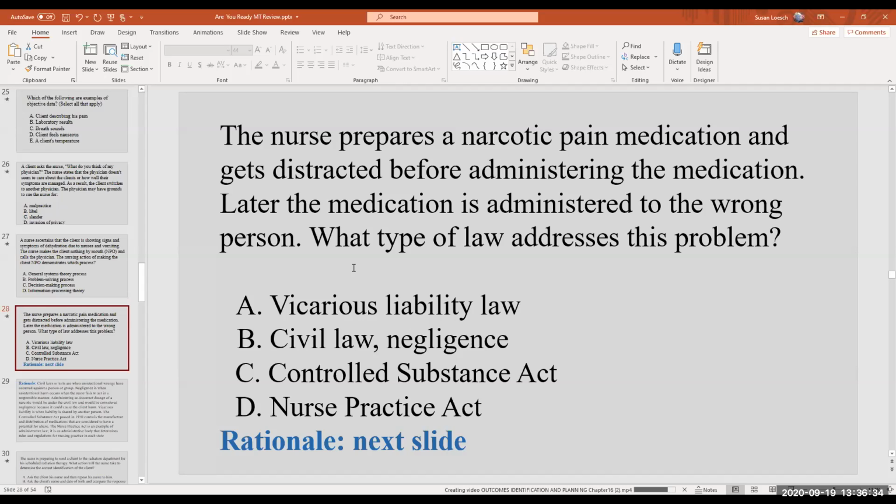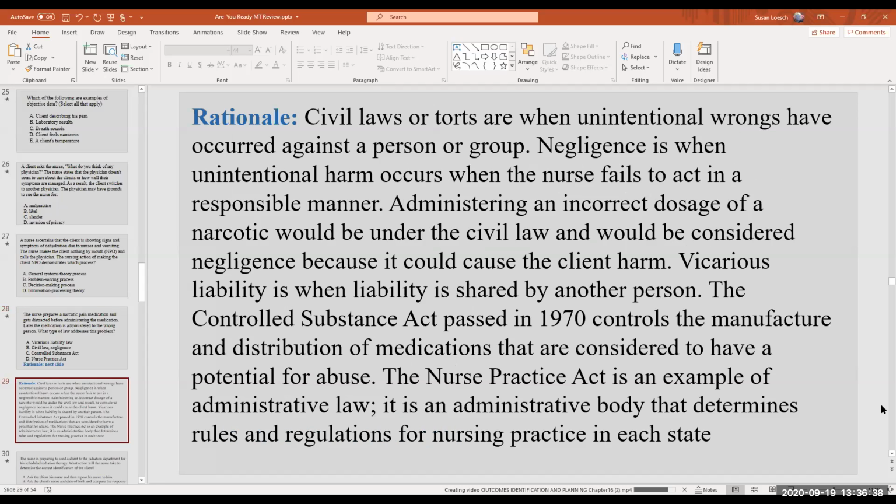Okay, because civil laws, let's go to the rationale here. I'll pull it up for you guys. Civil laws or torts are when unintentional wrongs have occurred against a person or a group. So you made a medication error, but it wasn't on purpose. If I purposely took that medication and took it myself, or purposely gave it to somebody else, or if I purposely gave that person the wrong medication, then it would be different.